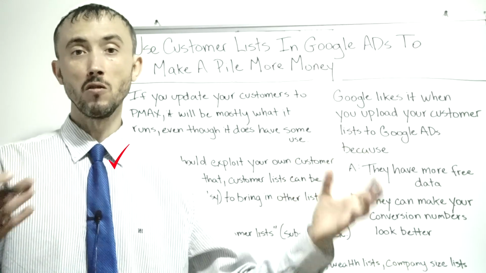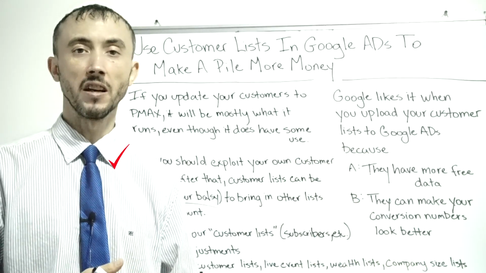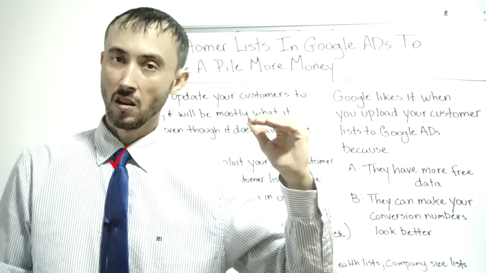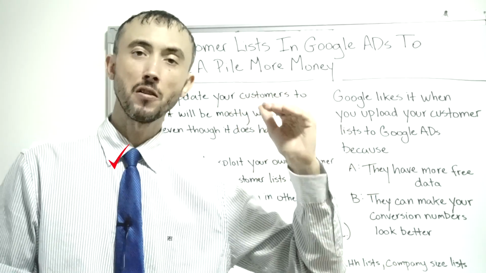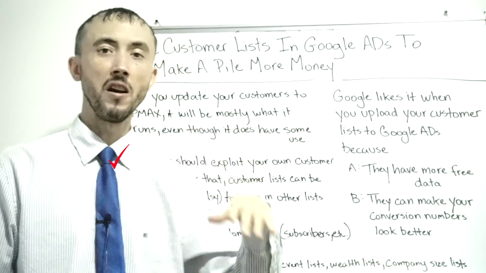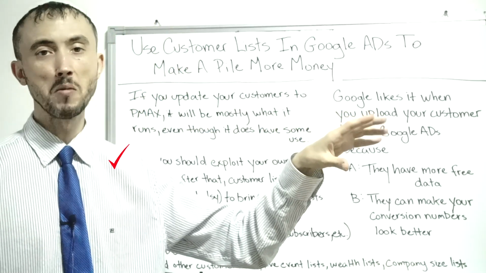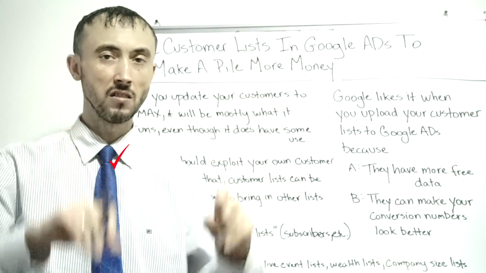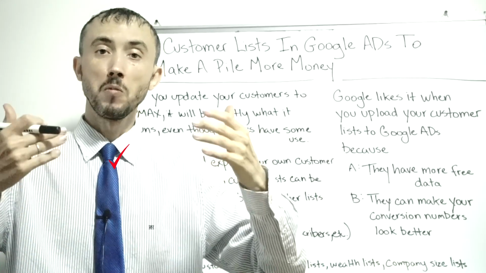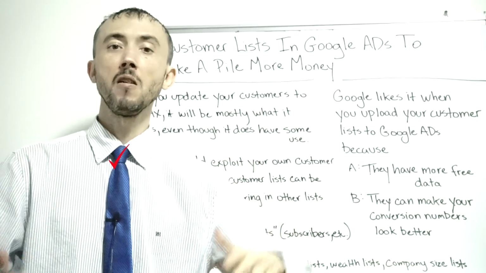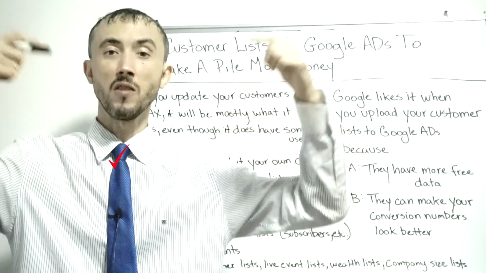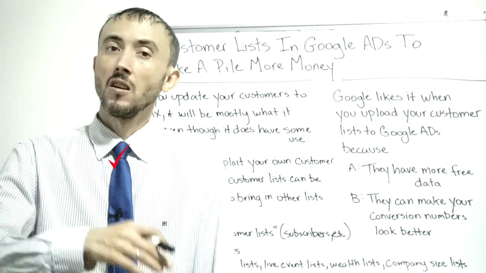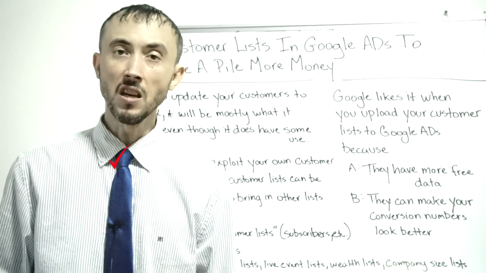So you could either do nothing, or you could use these customer lists to upload a list of buying managers, the company managers at companies that are confirmed to have 100 employees or more. Then you could use the technique I told you about before, where you bid real low on your keywords, but bid real high if they're on your customer list. Then you only show up for people that type in construction software if they're on your list, and you now know they're a representative from a company with over 100 employees.